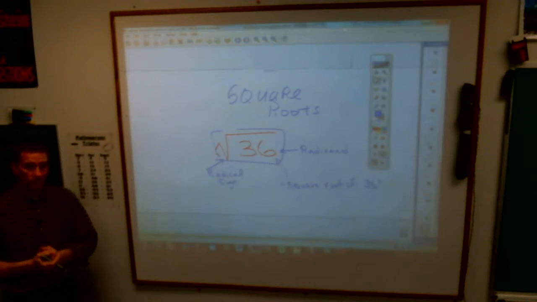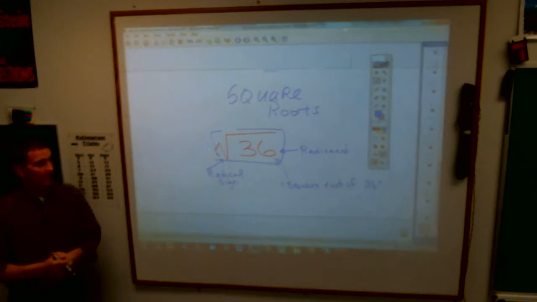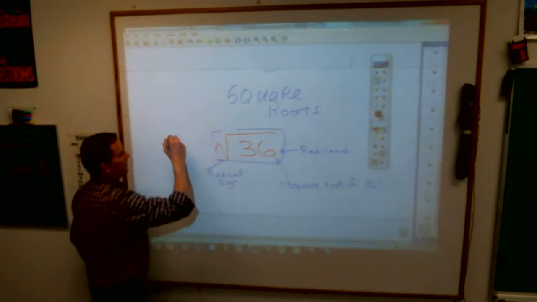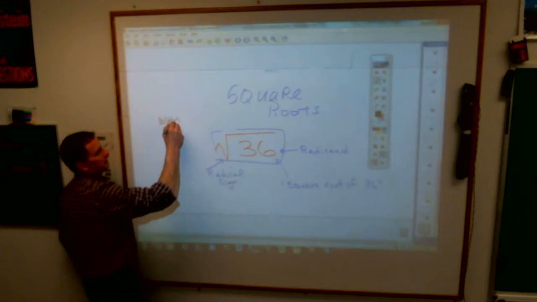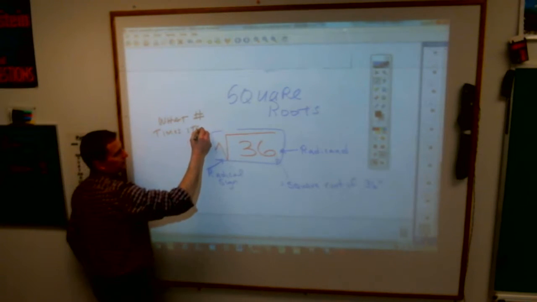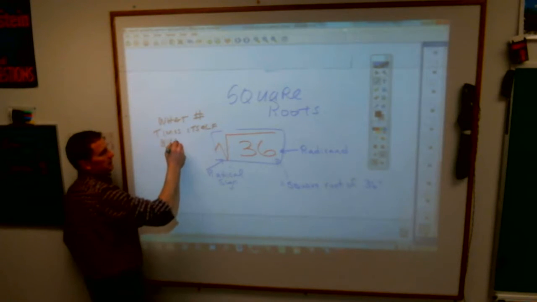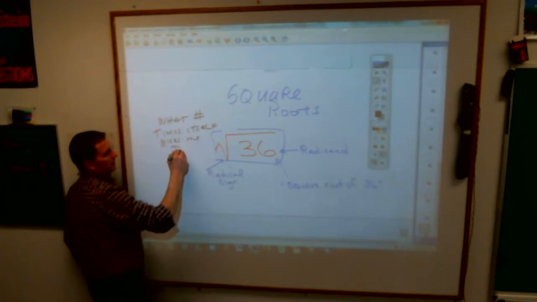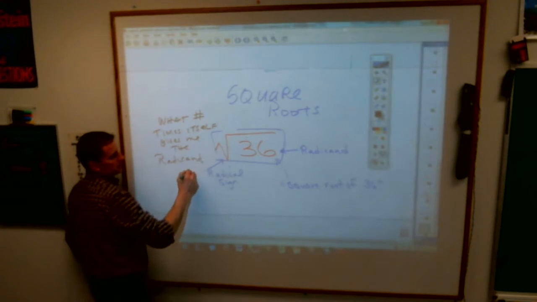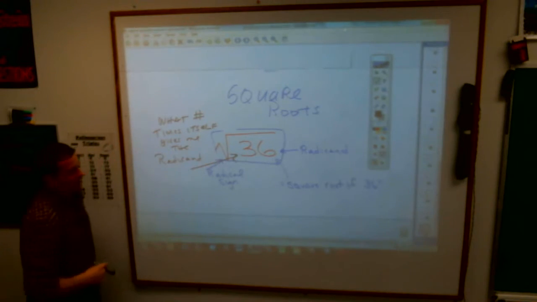And a square root is like the backwards of powers. The question you ask yourself when you see a square root is, what number times itself gives me the radicand?